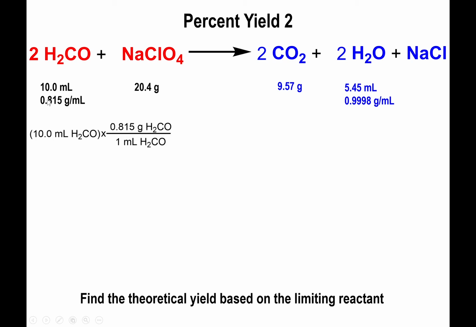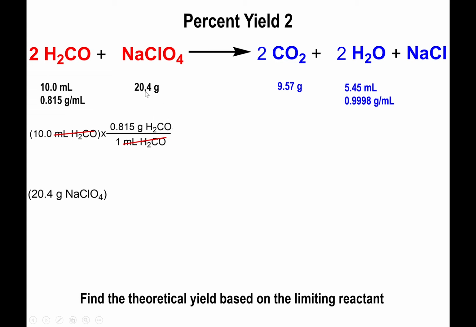Notice once again that the 0.815 goes with the first unit, the grams. mLs has a placeholder 1 as the number associated with it. And since we start with mLs for the volume, mLs have to be on the bottom of this fraction. The grams need to be on top, and that's where the 0.815 needs to go, since that's the first unit in density. All right, this will give us the mass of H2CO.